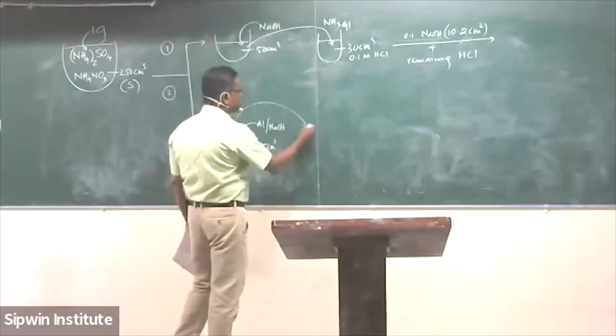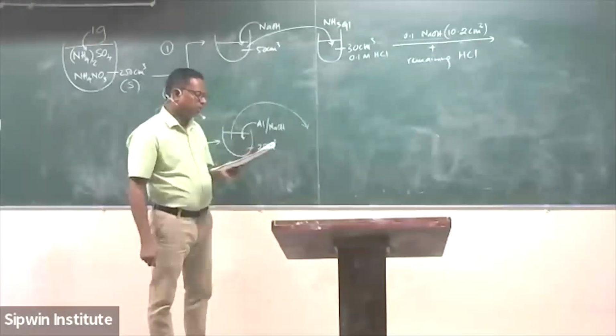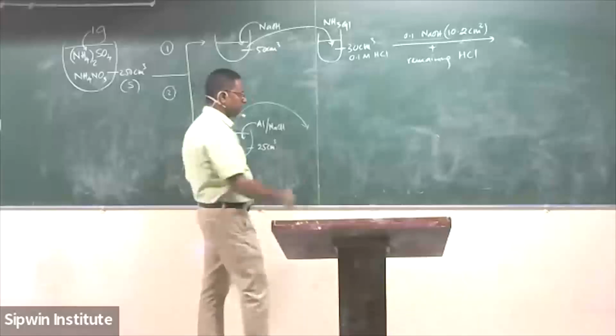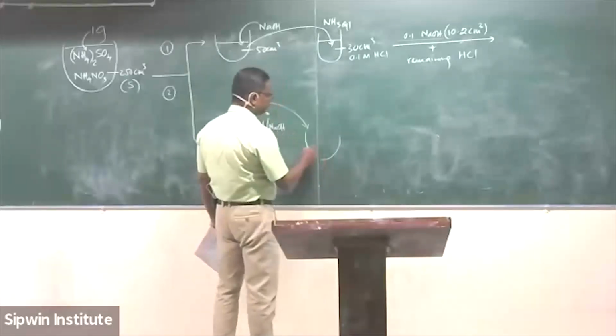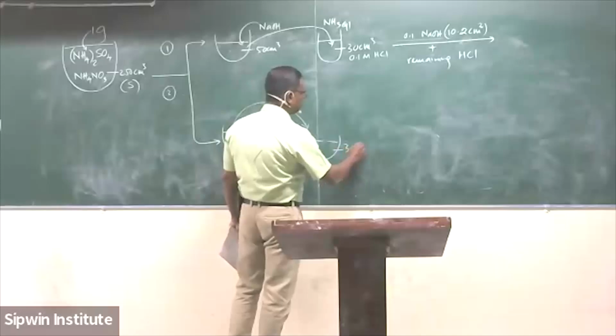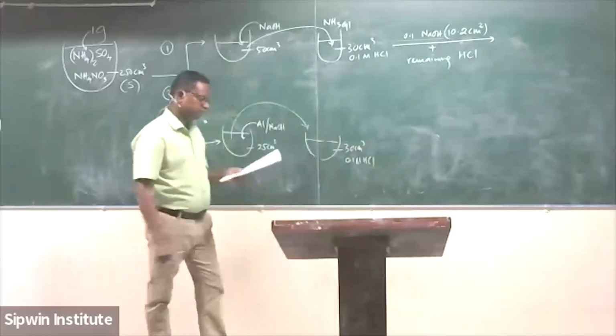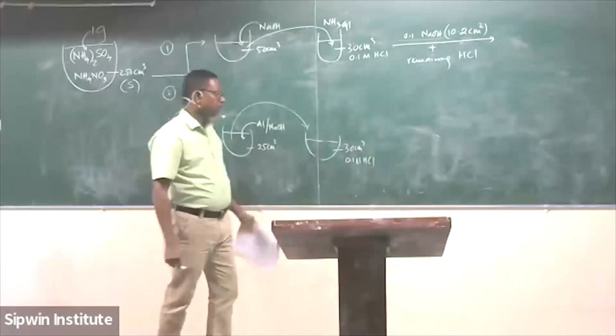Again evolving gas, ammonia, again into 30 cubic centimeters of 0.1 M HCl. Right.